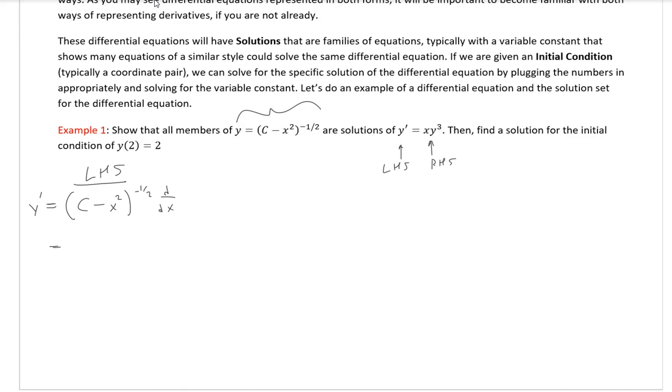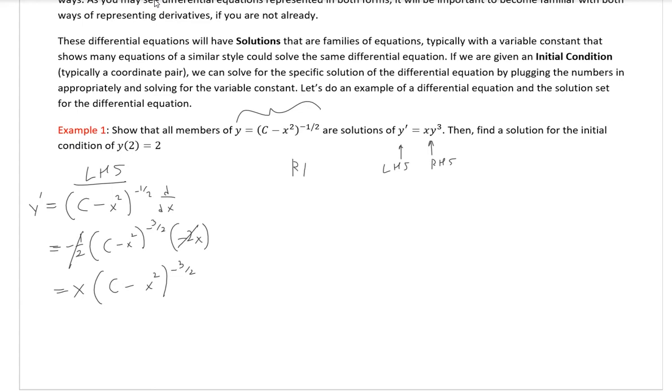So that's going to pull the negative 1/2 down by the chain rule. This will become negative 3/2 now, and then I also multiply by the derivative of the inside, which is negative 2x. The negative 2 and that negative 1/2 will cancel, so we just have x times (c minus x squared) to the negative 3/2.